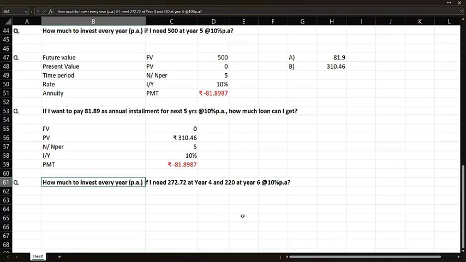Well, for time value of money, if you're ever stuck on any problem and not able to understand anything, the best way to solve it is using the timeline.